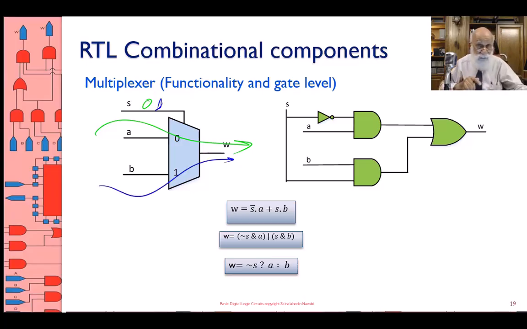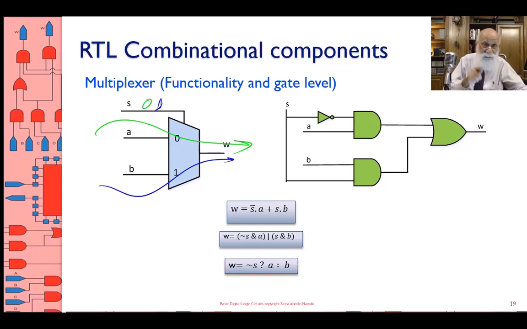This is called select, and this is how A and B are selected and how they are marked as such. For example, the 0 next to A means that this is selected when S is 0.